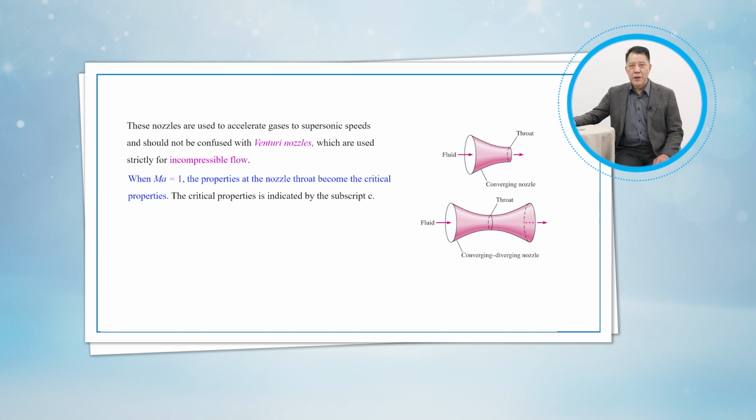When the Mach number is equal to unity, the properties at the nozzle throat become the critical properties. The critical property is indicated by the subscript C. For example, P_C is the critical pressure, T_C is the critical temperature, and C_C is the critical velocity.